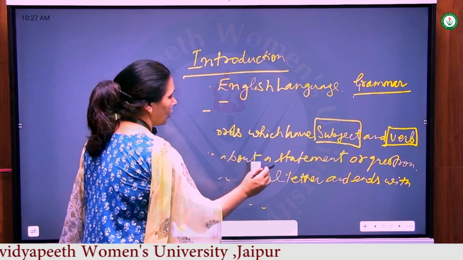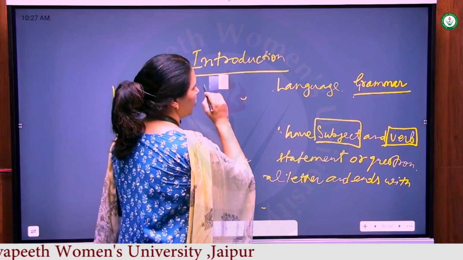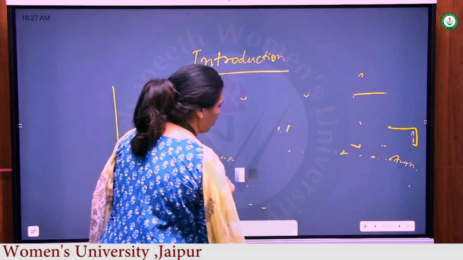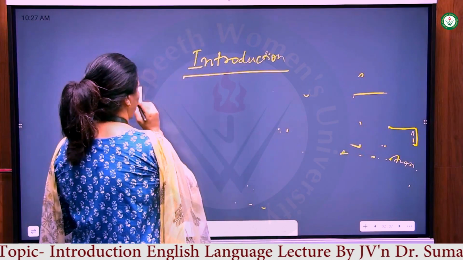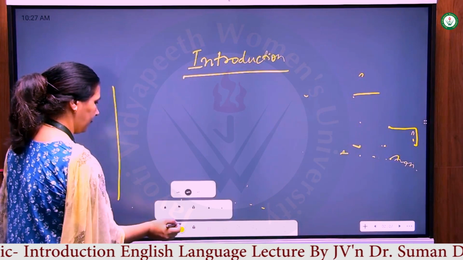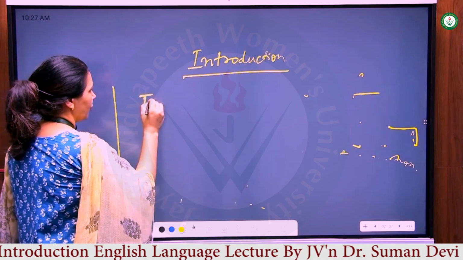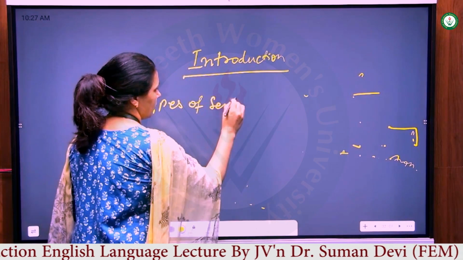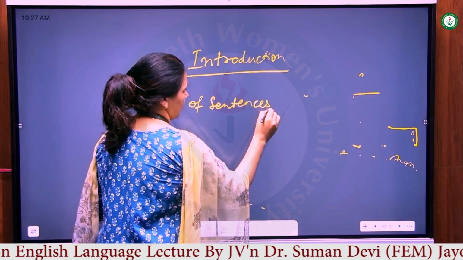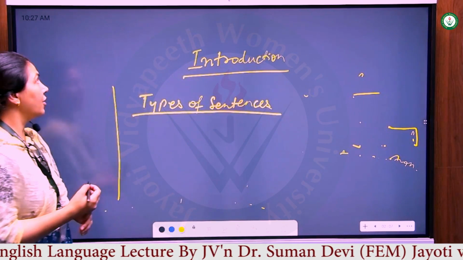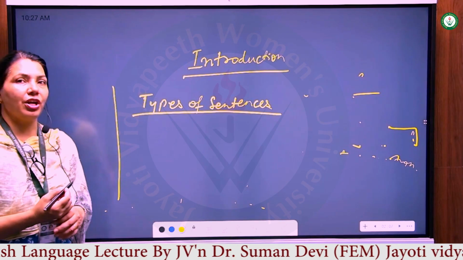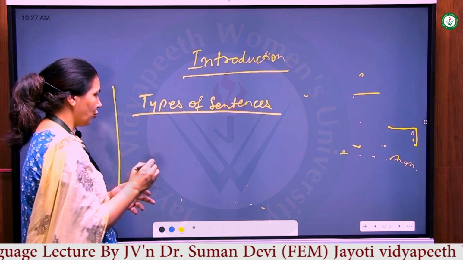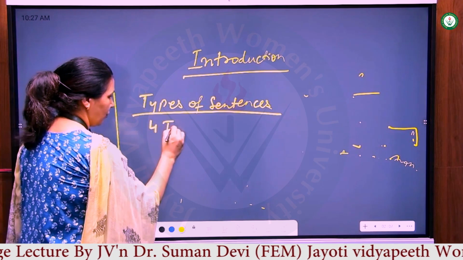So the next point, after sentences, is the types of sentences we are going to cover. Basically, there are 4 types of sentences.